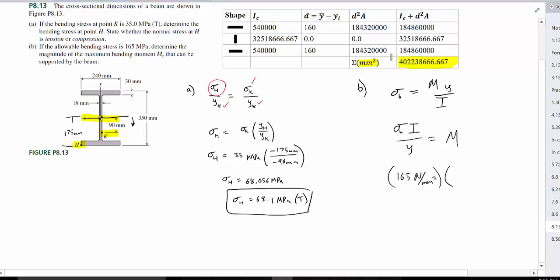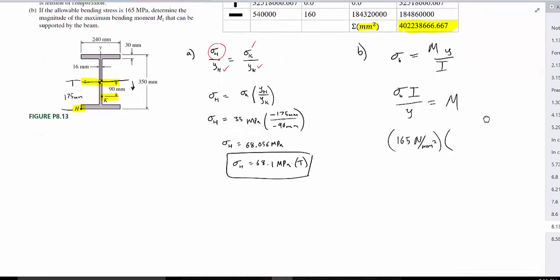So now multiply sigma by our I value, which is in millimeters to the fourth: 4022386667 millimeters to the fourth. And divide this by our y value.